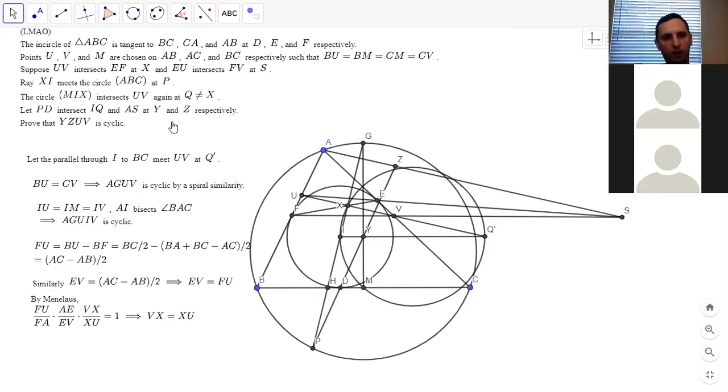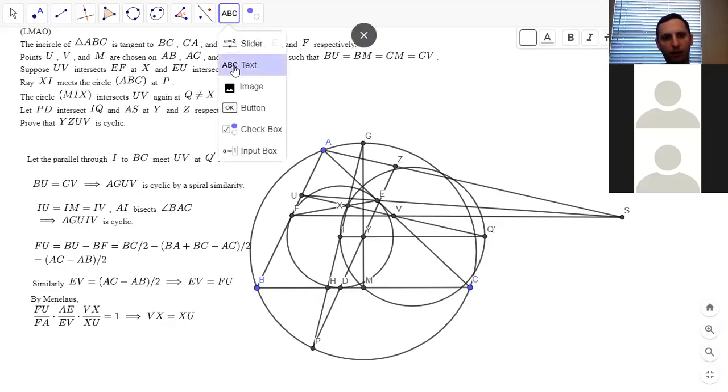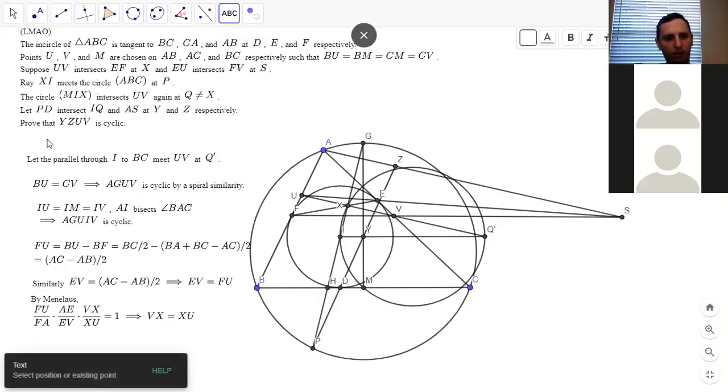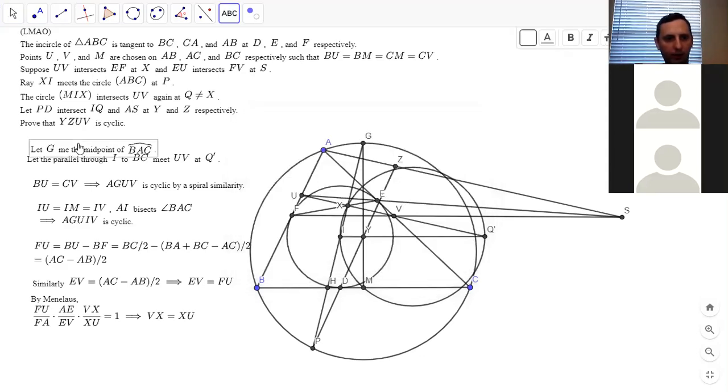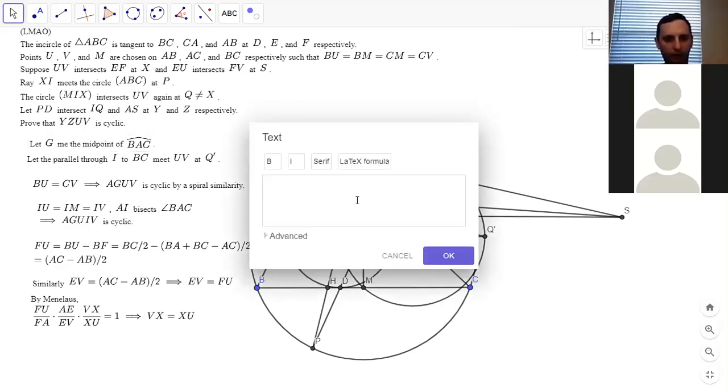So this right here proves that G, X, and I are collinear.